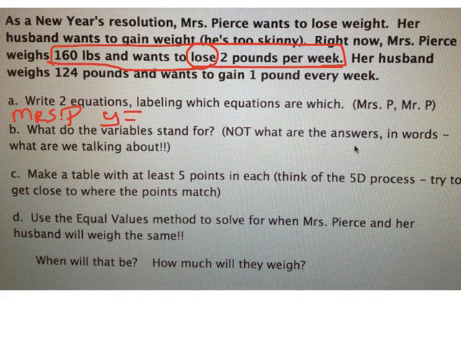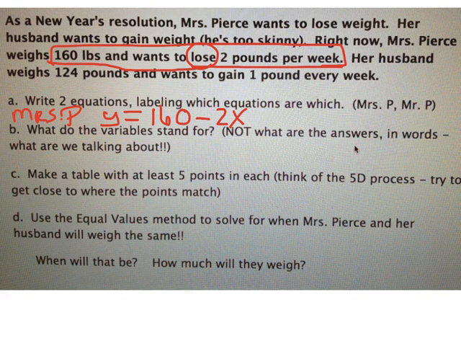every equation here now is going to start with y equals. If there's no equal sign, it's not an equation, so don't forget that part, please. And then it says she starts at 160 pounds and she wants to lose 2 pounds per week. So there's one way to write that equation.